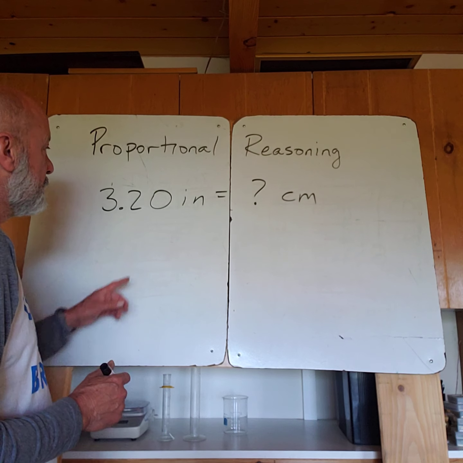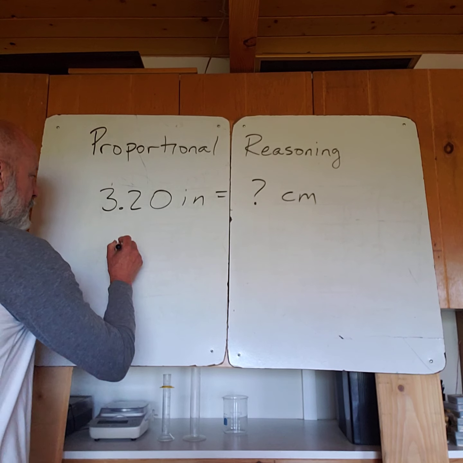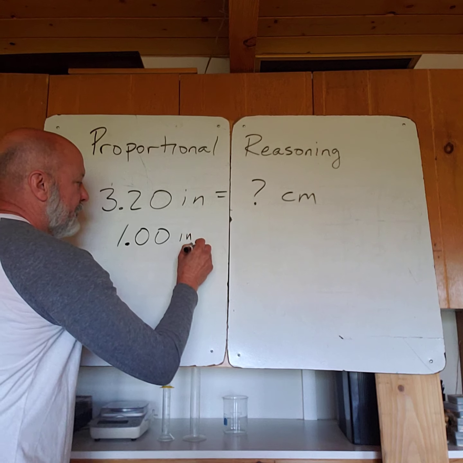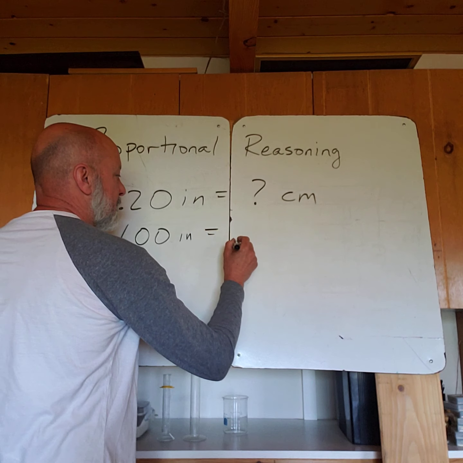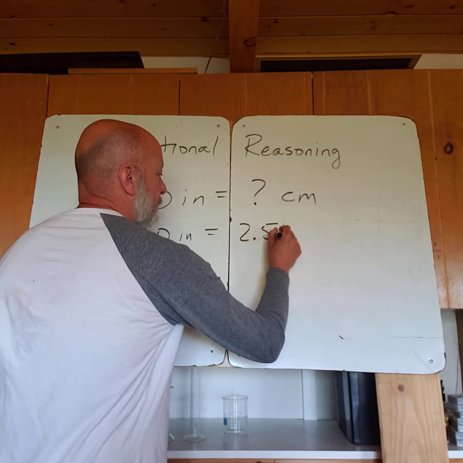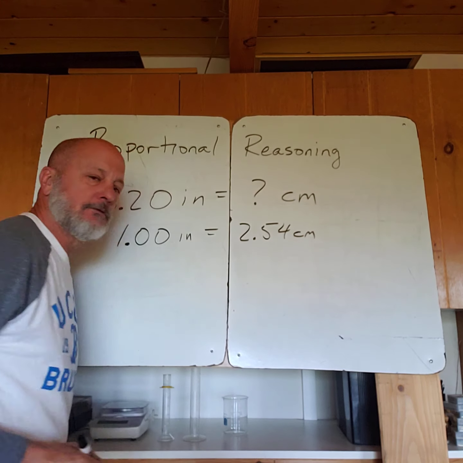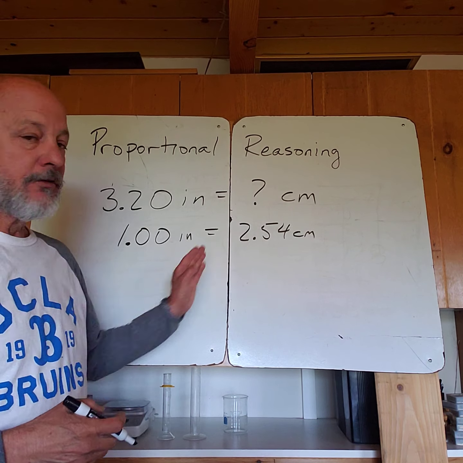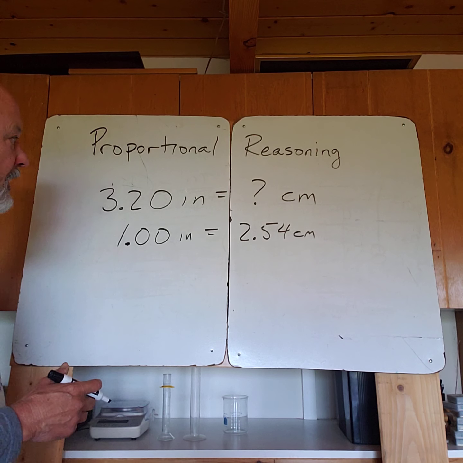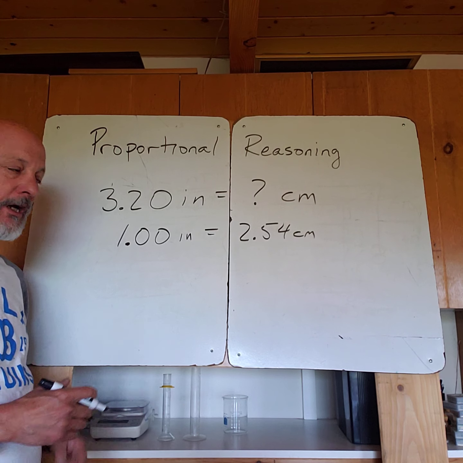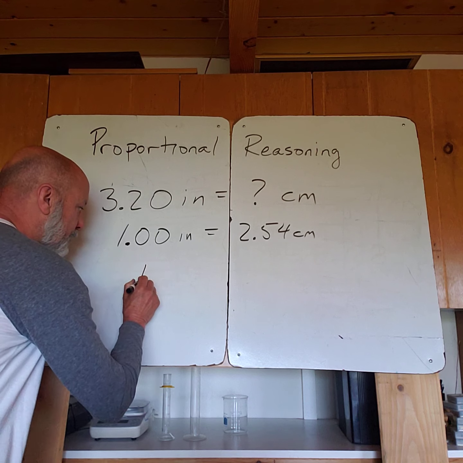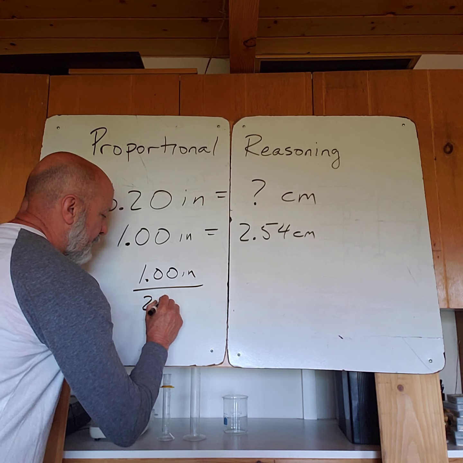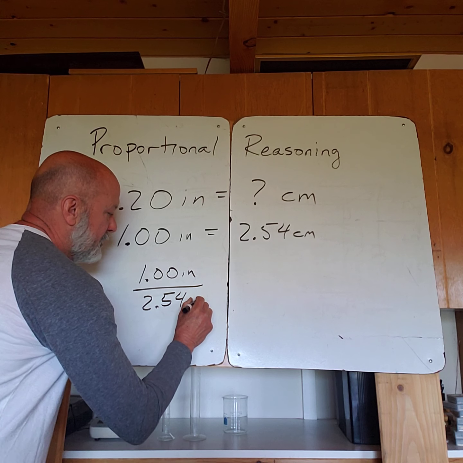So if I look at this, I have my conversion, and I'll go ahead and put my sig figs: 1.00 inch equals 2.54 centimeters. That's my relationship, the conversion factor from inches to centimeters. And of course, since they're equal, I can put one over the other. I can put 1.00 inch over 2.54 centimeters.